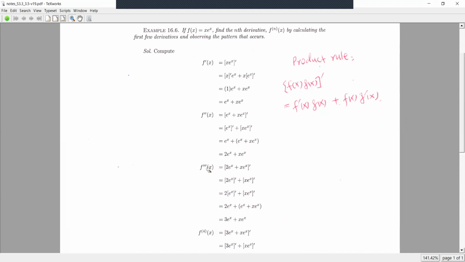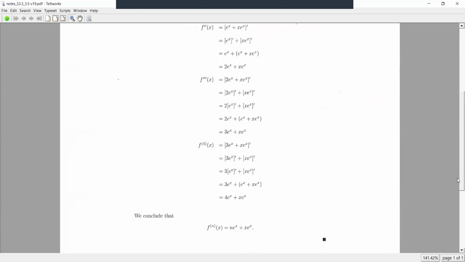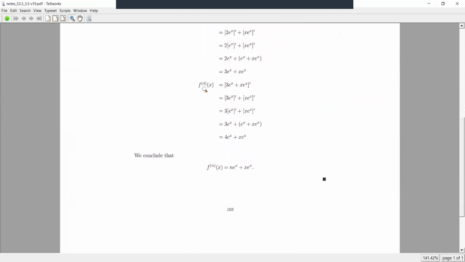The third derivative is 3e to the x plus xe to the x. The fourth derivative is 4e to the x plus xe to the x. So we conclude that the nth derivative is ne to the x plus xe to the x.